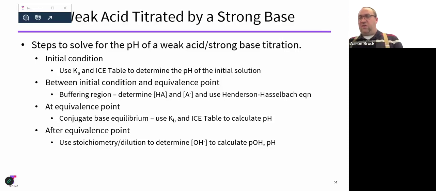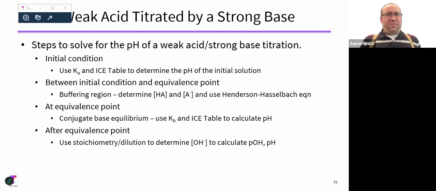We talked about strong acids and strong bases, and showed that we could use modified ice tables and basic stoichiometry to figure out how much hydronium or hydroxide was left over, and calculate the pH that way.